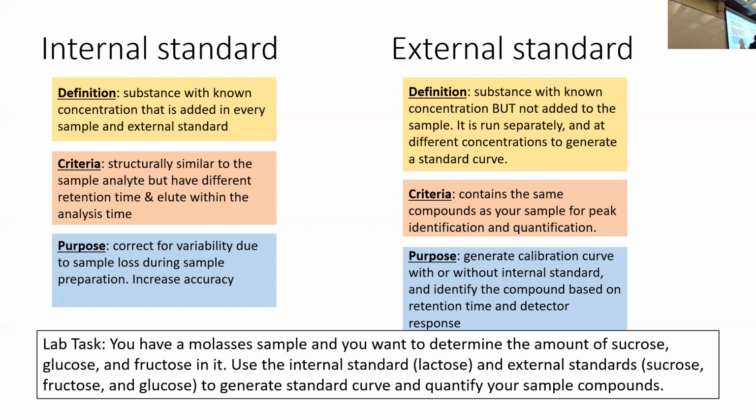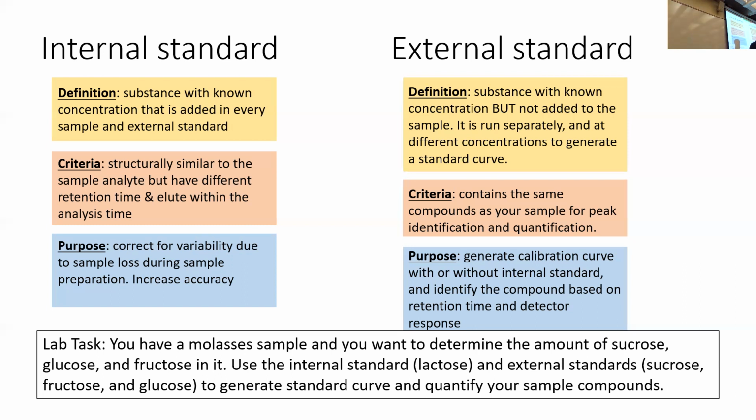So the criterion is basically to have the exact same compound that you are looking for to determine and to quantitate. It's used for determination, identification, and quantification. Why do we do that?